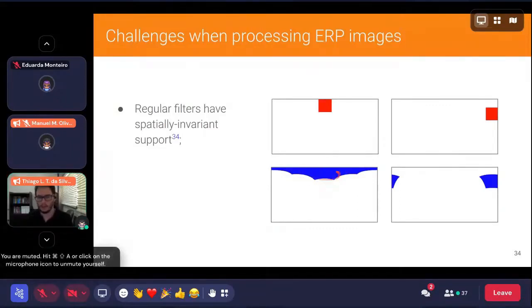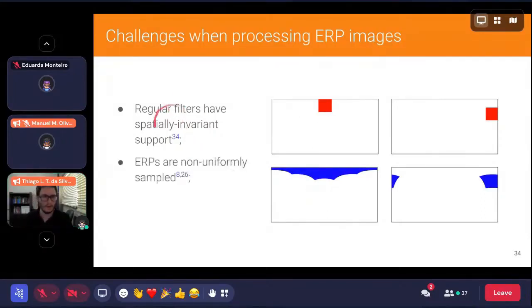Yeah, it has a complex shape that takes into account the spherical deformations induced by the rectangular mapping. The regular filters have spatially invariant support that we are showing in the upper part of the image, and we need to force them to take these ERP properties into account.